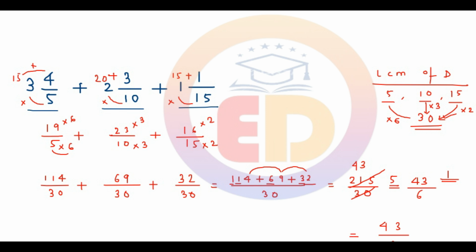And if you want to convert this into a mixed fraction, divide 43 by 6. This is 6 sevens are 42. On subtracting, my remainder is 1. So in mixed fraction, my answer will be 7 whole 1 upon 6. You can choose any of the answers based on the option.